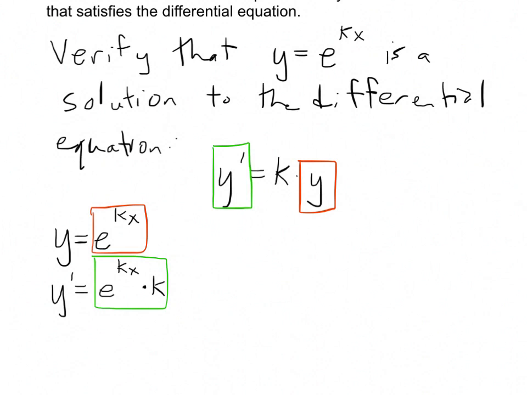So first, using the green, if I have e to the kx times k is equal to k times, and then y we said was going to be in red, y is e to the kx. The question is, is this statement universally true? Is it an identity? And it absolutely is. The left side of this thing is completely the same as the right side. So we verified that this function is the solution to this differential equation.